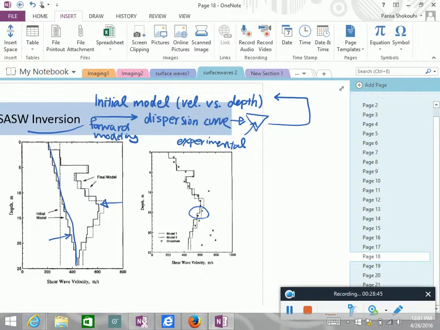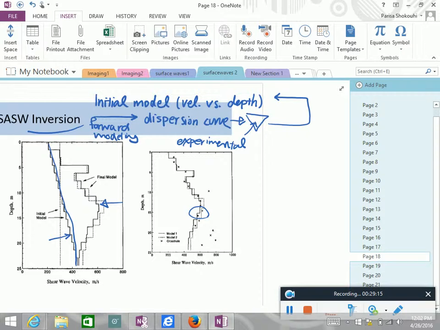But is the velocity that we're comparing from the dispersion phase velocity? And the one that we initially assumed, is that also phase velocity? No, we assume shear wave velocity. So how do you bring that connection together? If you know shear wave velocity, I've taught you how to calculate Rayleigh wave velocity, and you know this with depth.